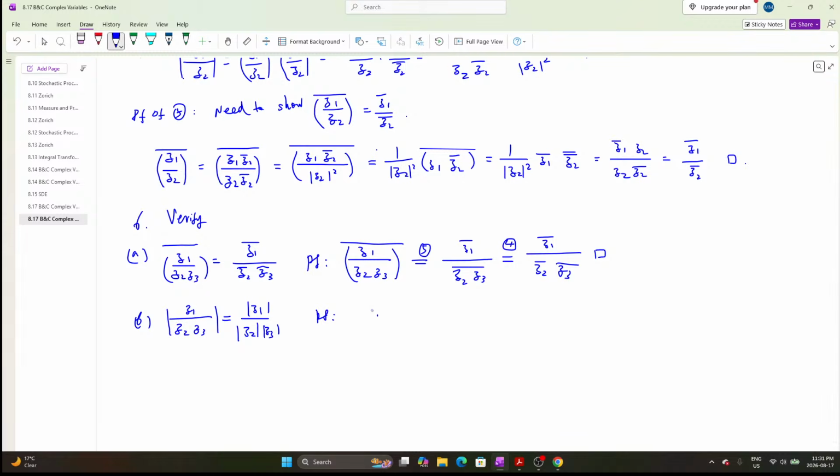So z1 over z2 z3 modulus by 9 equals z1 modulus over z2 modulus times z3 modulus. Oh, actually, no, not so fast. It should be z2 times z3 modulus, and then use 4. Use 4, and you get z1 modulus over z2 modulus, z3 modulus.